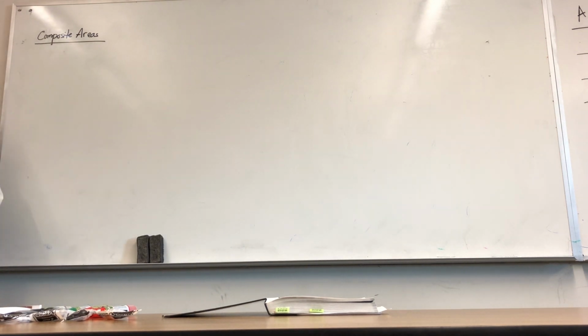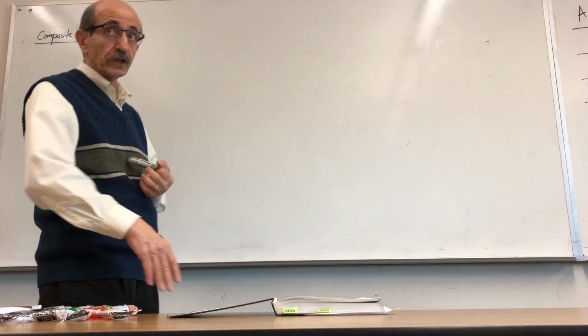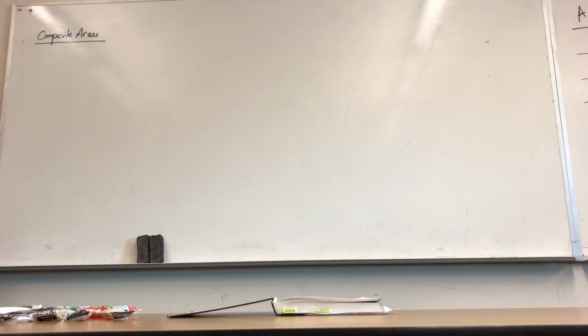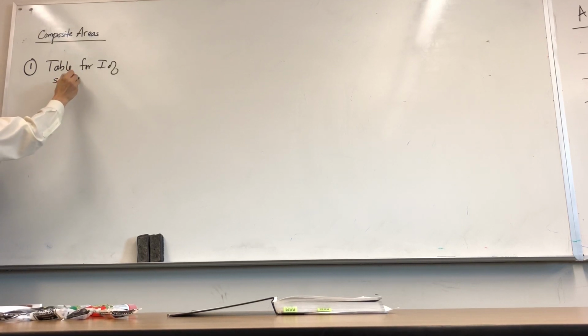Centroidal axes are axes that go through the centroid of the shape. So you need to find the centroid of the shape and draw those. So moment of inertia for those simple cases are tabulated, both with respect to the centroidal axis of those shapes and also some axes that are parallel to those. So for the composite areas, what you really need to know is, number one, that table for I of simple shapes.